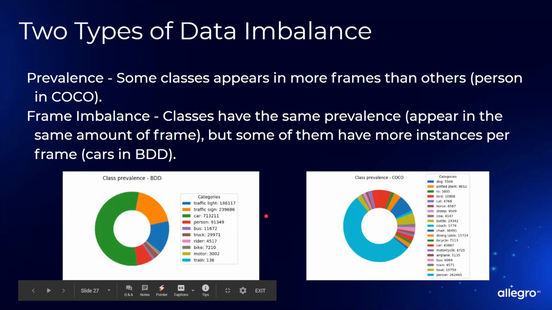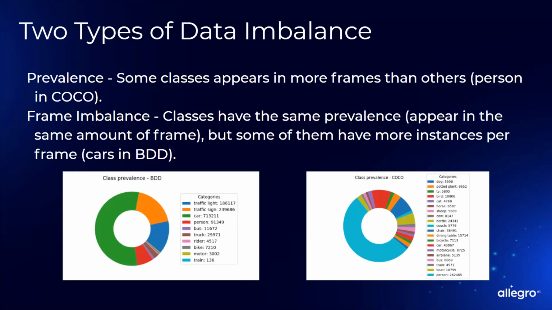From this data imbalance, there are also two kinds of imbalance. The first one is very clear to understand: it's prevalence. As I said, some classes appear more than others. But there are also frame imbalances. In the same data point, or in the case of a vision frame, there are certain classes that appear more than others.